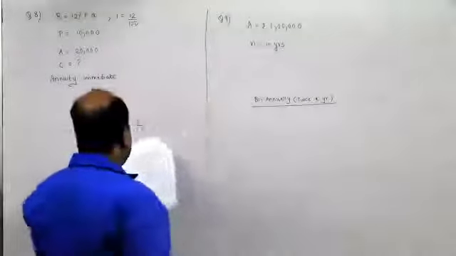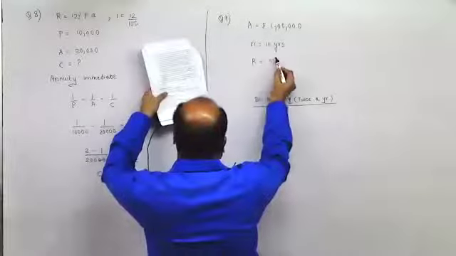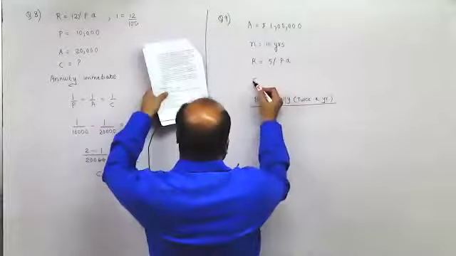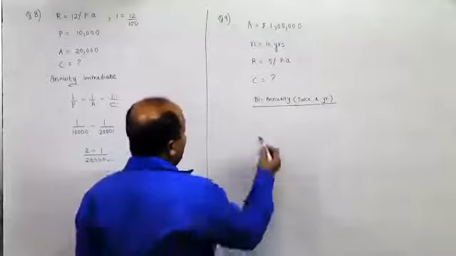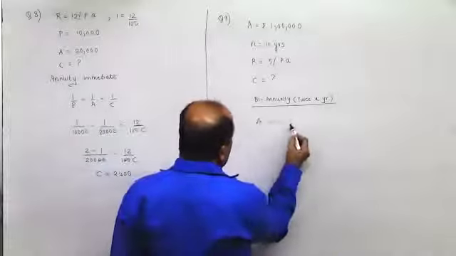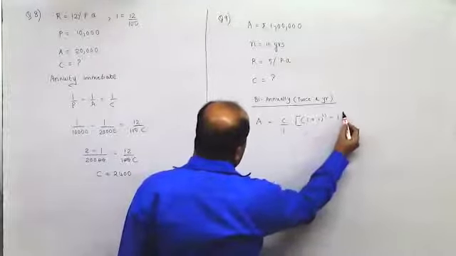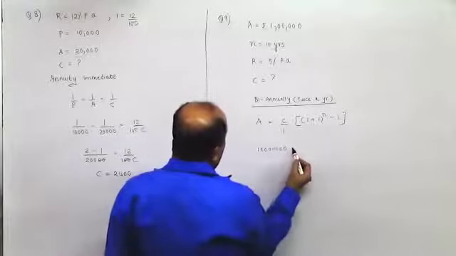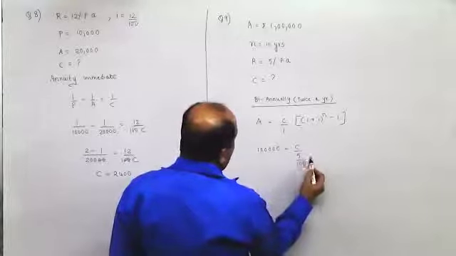Now, A equal to C upon I into 1 plus I raised to N minus 1. What is A here? It is 1 lakh. C upon I, 5 upon 100.